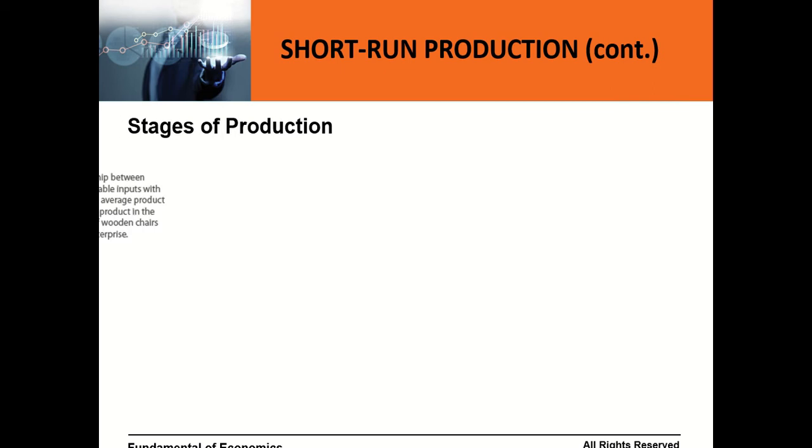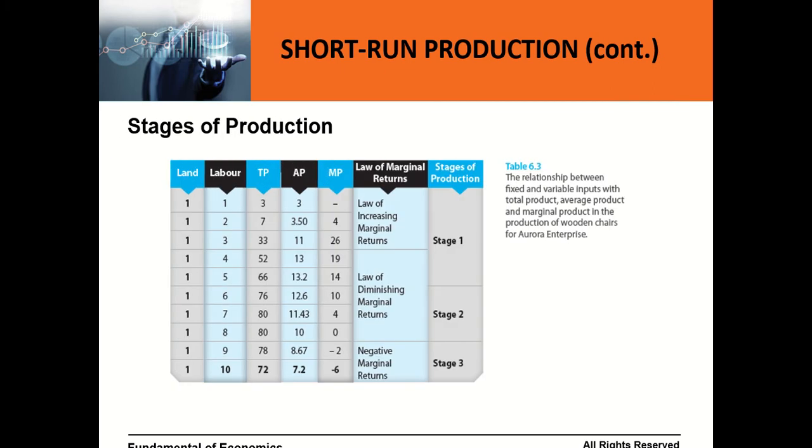Now this can be shown in these tables, all right? So in this table, what is the information available to you? Number one, land here is given. Number two, labor is given. Alright, so you have land, labor, and of course, the TP, AP, and MP. What is TP? TP is total product, AP is average product, MP is marginal product.